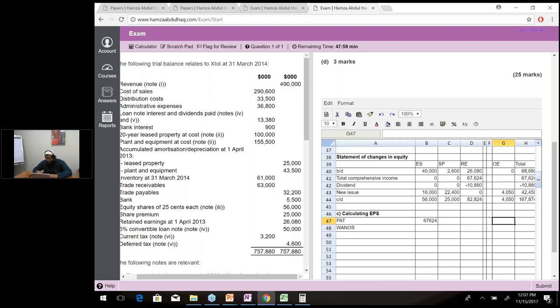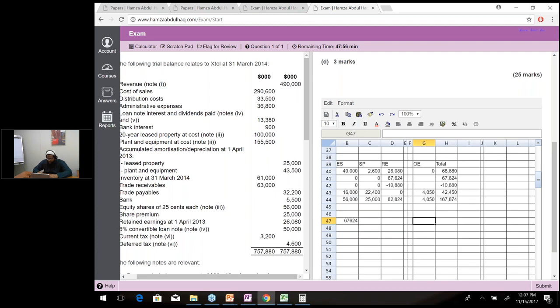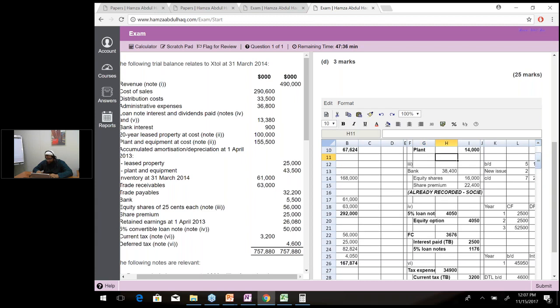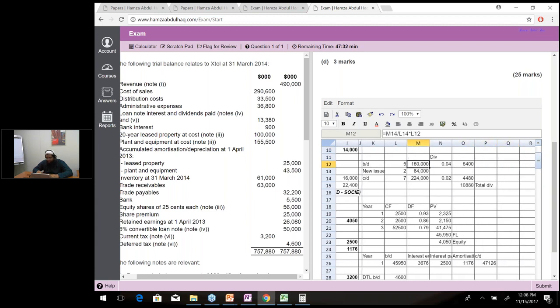I'm solving the working over here: the opening shares, then the rights issue, and then the closing shares. We already have the movement working, so we can directly refer to that instead of preparing a new one. This was the opening shares, the rights issue, and the closing.